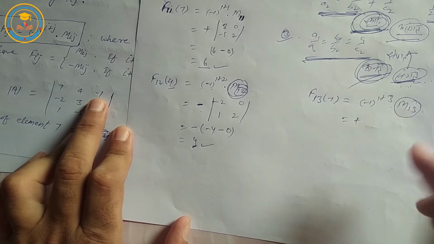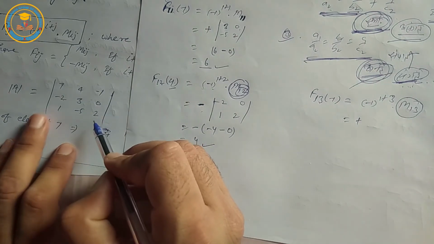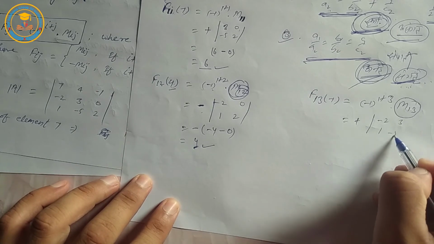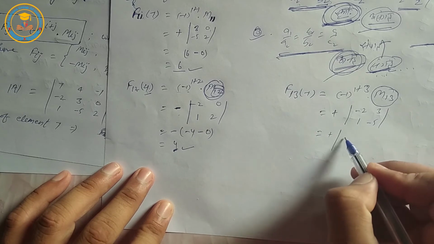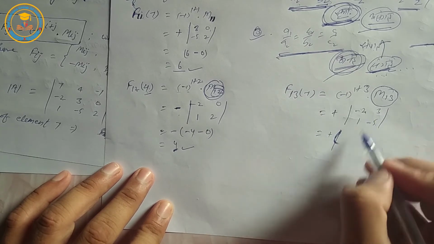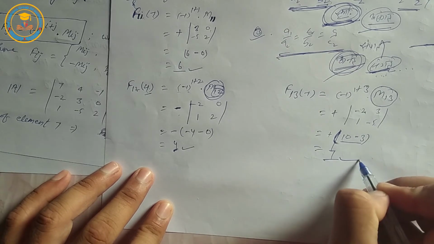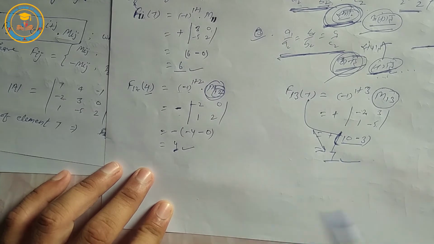Leaving the corresponding row and column, we get the determinant -2, 3, 1, -5, which is 10 minus 3, equal to 7. Cofactor of element -1 is equal to 7.